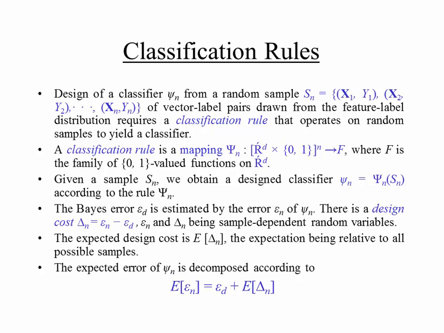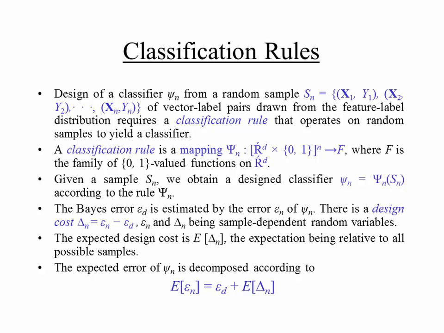Now once you're given a sample, once that sample is fixed, then you obtain a designed classifier. Before you have the sample, it's a classification rule that is going to operate on the sample. Once you plug in a sample, then you have the designed classifier psi n, which is this boldface capital psi sub n operating on the sample Sn, according to the rule boldface psi n.